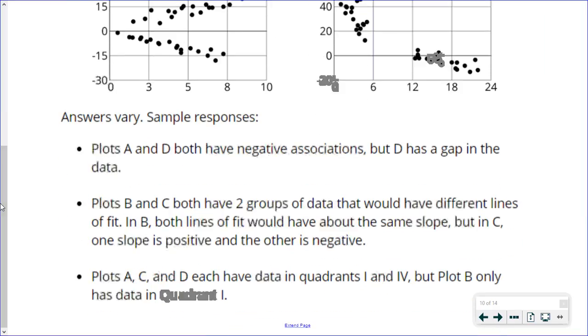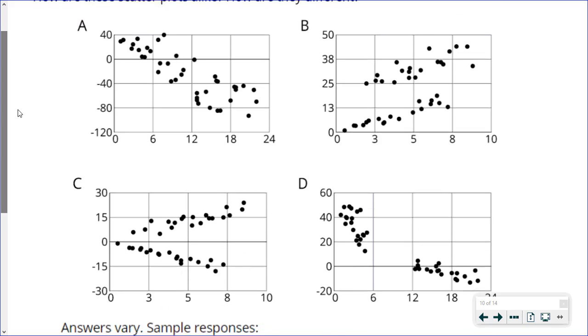I then compared plots A, C, and D, and I noticed that each have data in quadrants 1 and 4, but plot B only has data in quadrant 1. So here is B, right, over here. All of my data in B is in quadrant 1. But if I look at A, here's my x-axis.